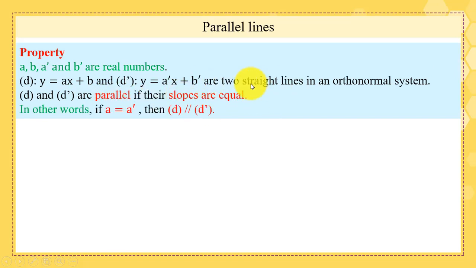In other words, if a, which is the slope of D, is equal to a prime, which is the slope of D prime, then D and D prime are parallel.